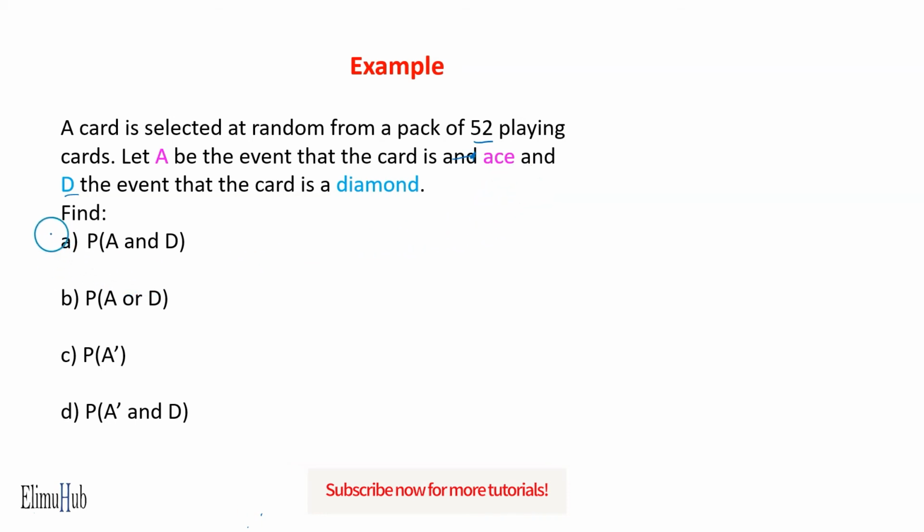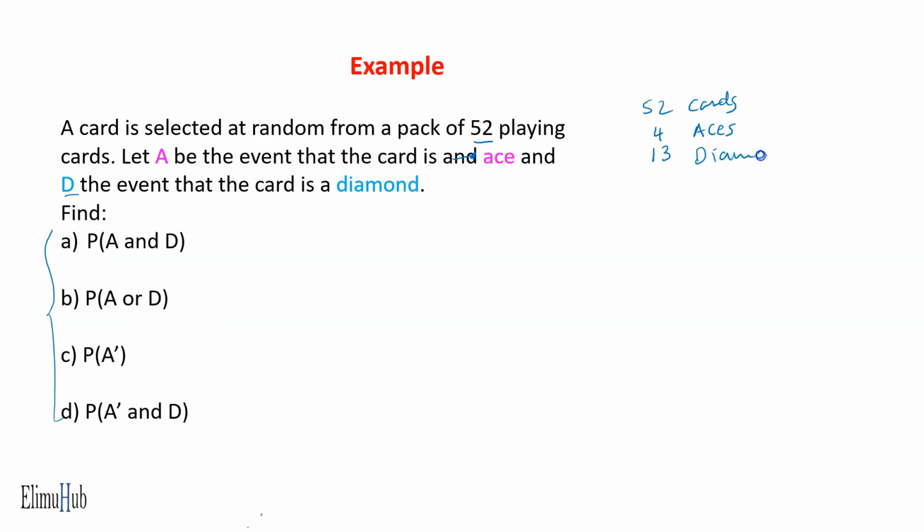And we're asked to find these probabilities. So let's just draw the Venn diagram to start with. And we've got 52 cards. And how many aces? So there are 4 aces in a pack of cards. And diamonds, how many diamonds are there? There are 13 diamonds.